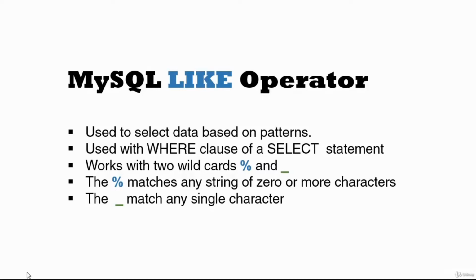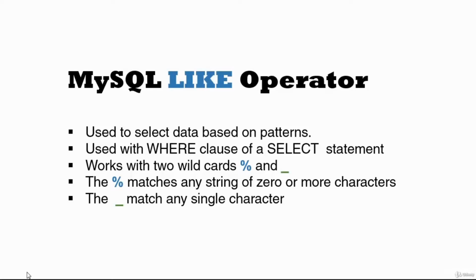When the like operator is used with a %, it will search for a specified pattern on any string from 0 or more characters. It depends on where you place the percentage within the search criteria. The underscore, on the other hand, is used to match only a single character pattern.